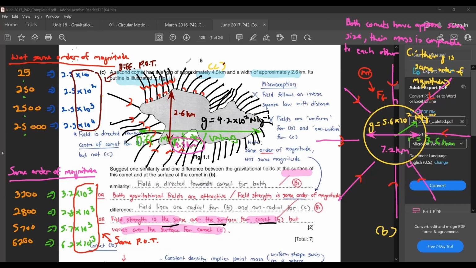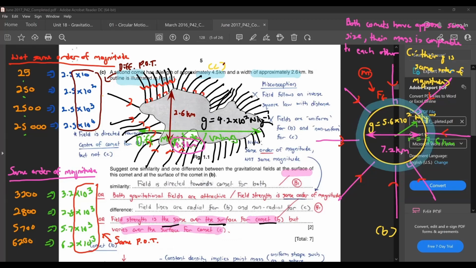When they say the surface, they're actually referring to something like this. Wait, let me just highlight it for you. They're really just looking at this small portion over the surface. They're not considering a very large distance like this. They're considering only a very small distance, okay, over the surface.